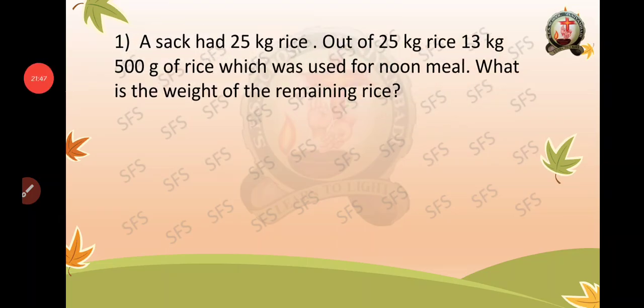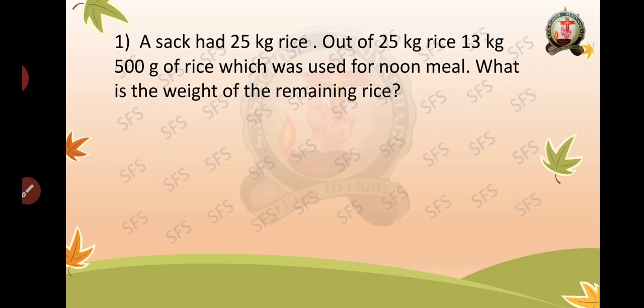We have come to the first word problem. A sack had 25 kg rice. Out of 25 kg rice, 13 kg 500 g of rice was used for the noon meal, that is for lunch.